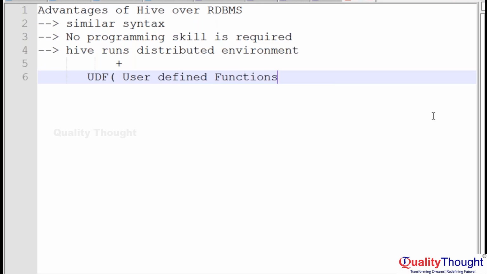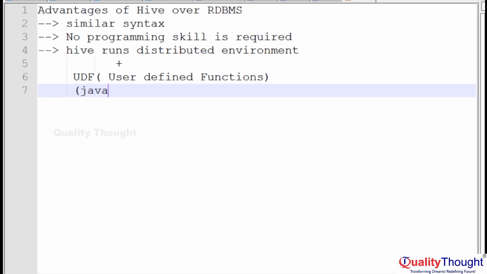This is the main power of Hive. These UDFs we can implement in Java or Python. UDFs we can implement by using Java or Python.